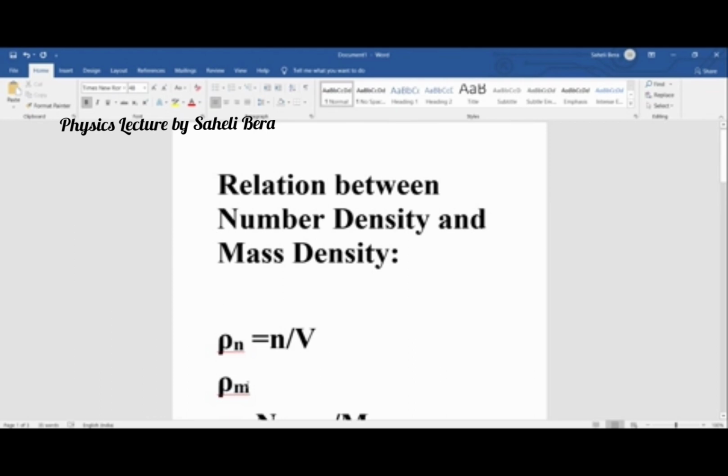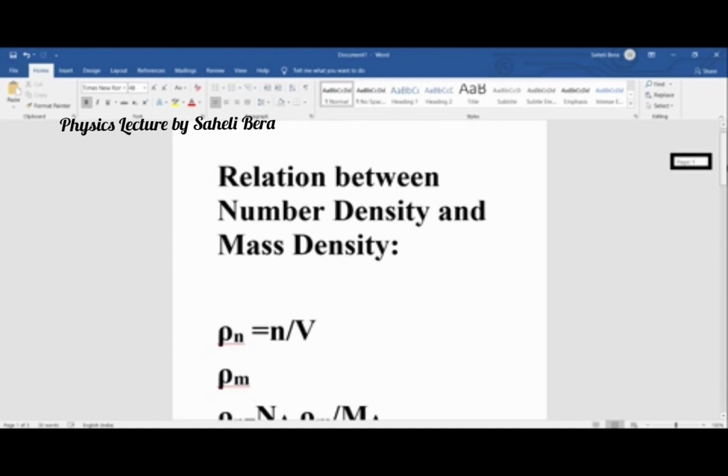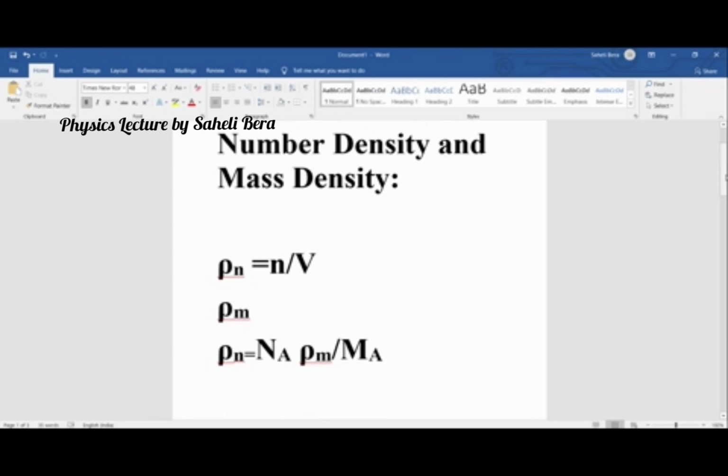Now for rho m, as it is mass density, it will be some mass unit by some volume unit. So it will be gram into centimeter to the power minus 3, or in SI unit kg into meter to the power minus 3. So this is the unit. You can also call it kg per meter cube, gram per centimeter cube.